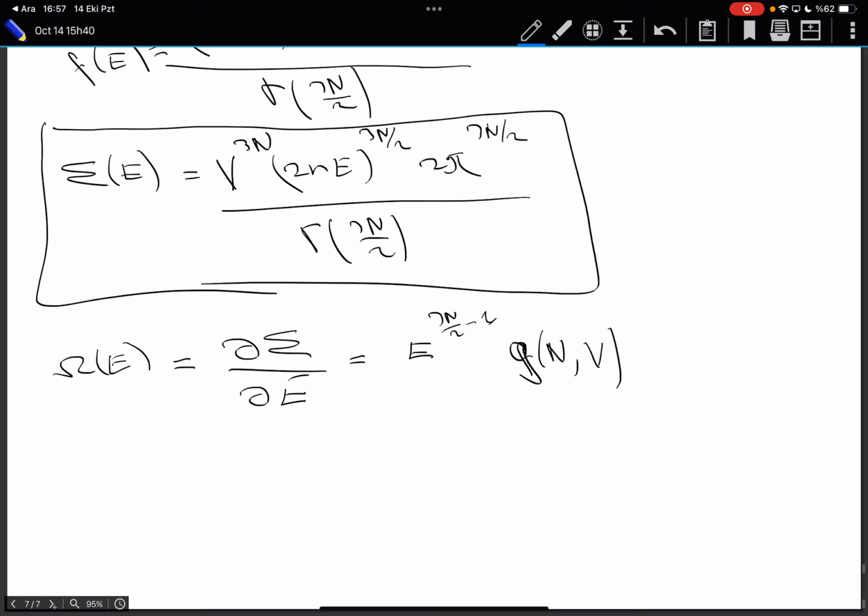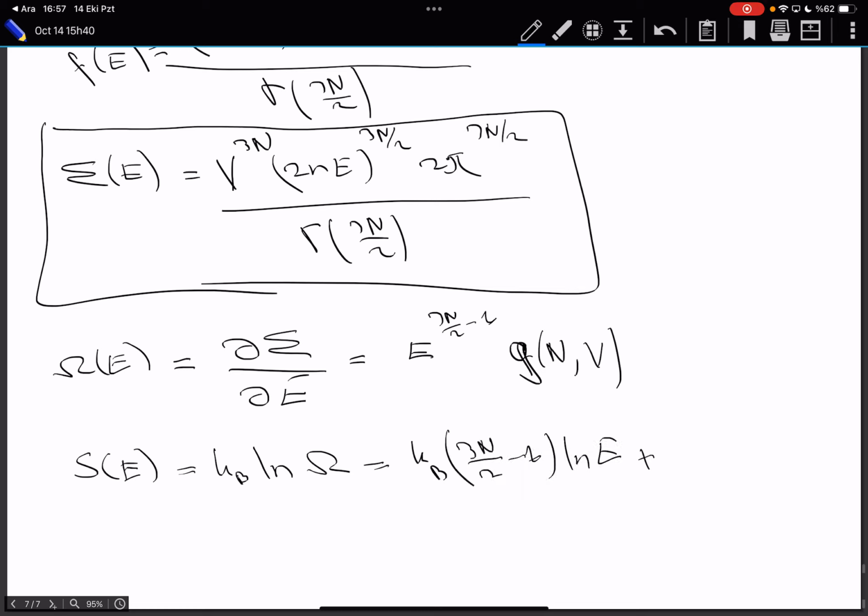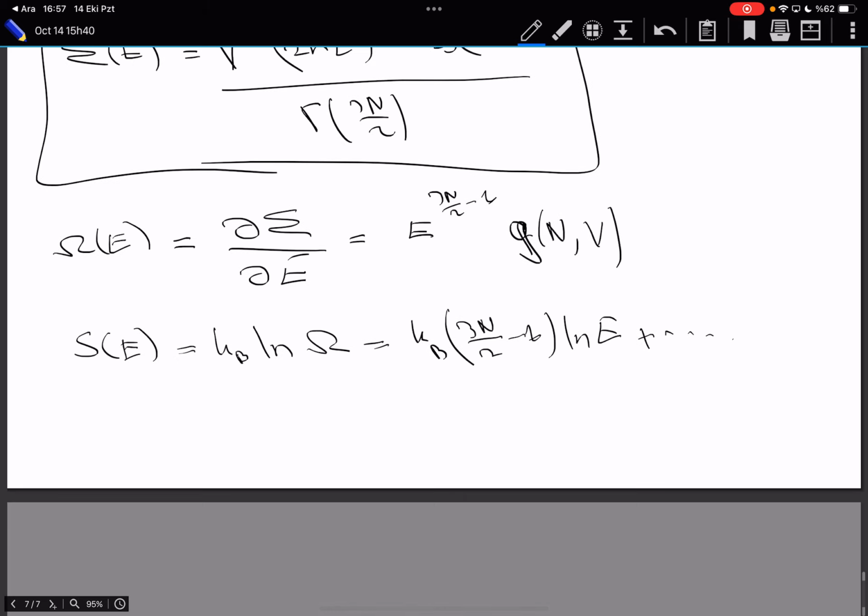So the entropy as a function of energy is the Boltzmann constant times logarithm of omega, which is Boltzmann constant times 3n over 2 minus 1 times logarithm of E plus some other term which doesn't depend on E. It depends on the number of particles, the volume, etc., but it doesn't depend on E. Well, this 1 over here is negligible.